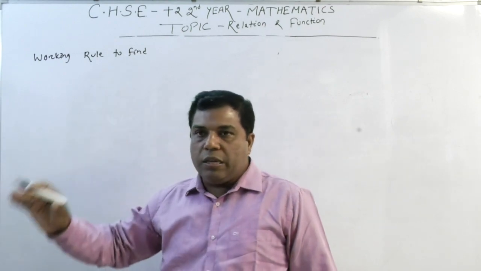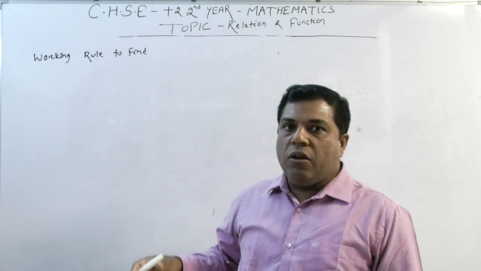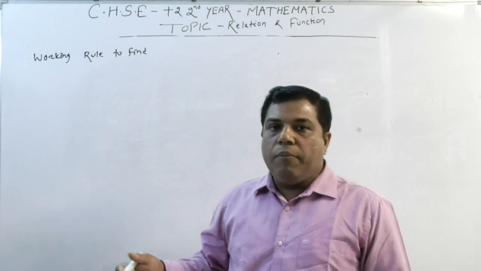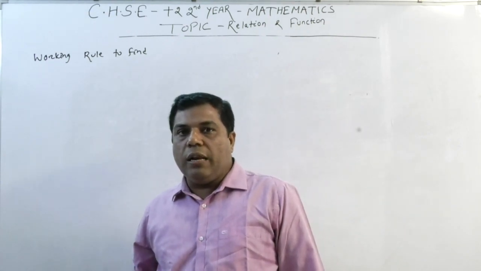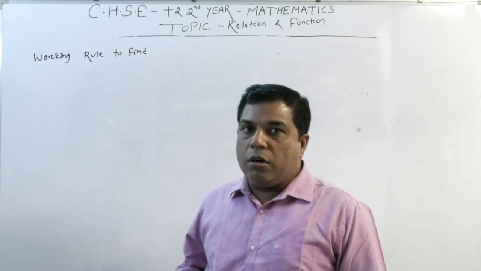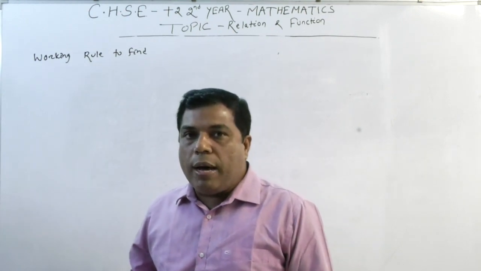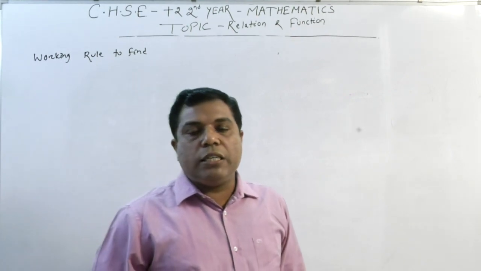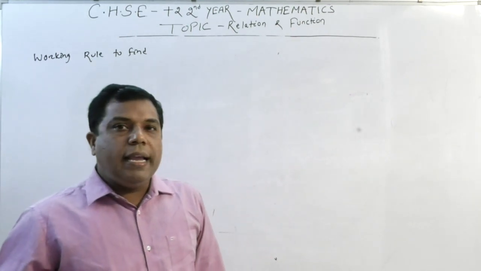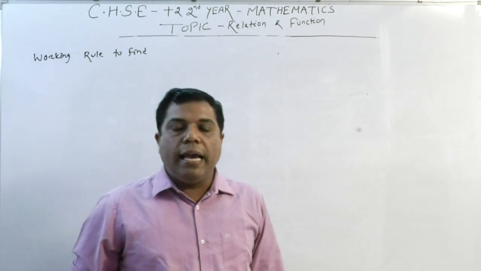First of all we check that the original function is bijective. Bijective means it should be one-one and onto. If it is bijective in nature, then only the inverse function can exist.